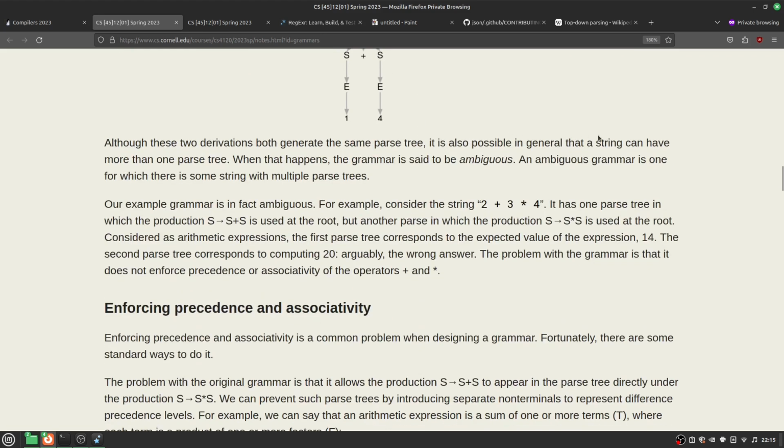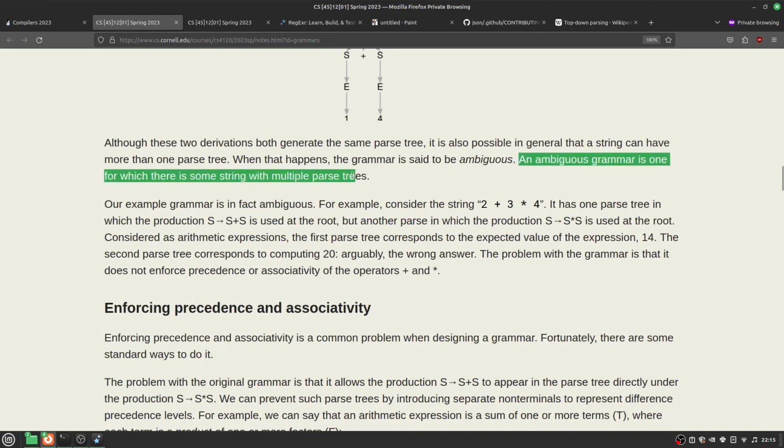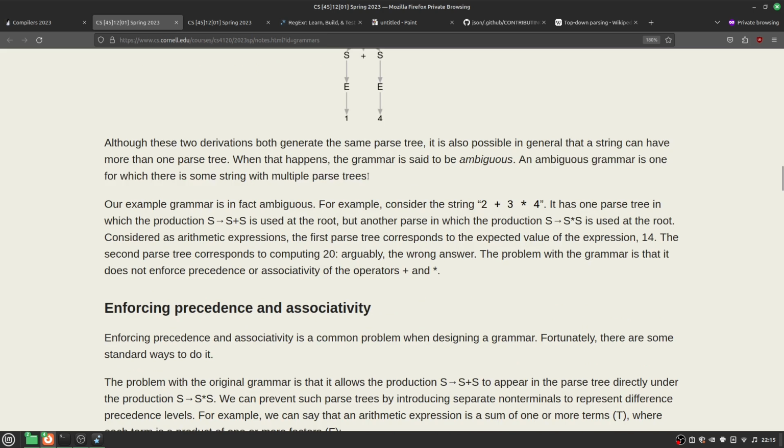An ambiguous grammar is one for which there is some string with multiple parse trees. Our example grammar is in fact ambiguous. For example, consider the string 2 plus 3 plus 4. It has one parse tree in which the production S to S plus S is used at the root, but another parse in which the production S to S times S is used at the root.